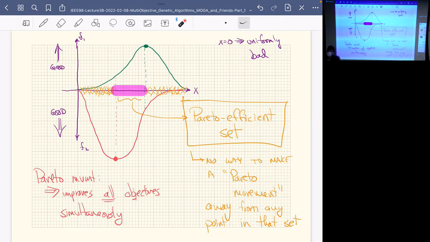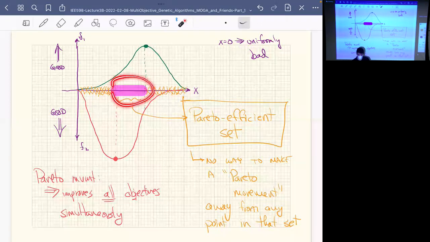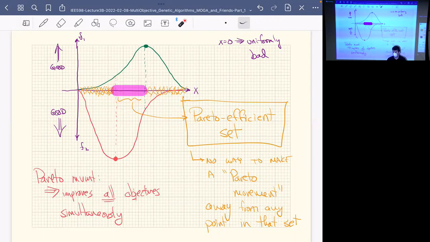In the worst case scenario, you'll get a singleton Pareto efficient set, where there are so many optimization objectives that there's no way to make them all better for everybody. So it always exists, but we want to see what the degree of freedom of this Pareto efficient set is. Do we have any room to move? Okay. All right, let me make sure there are no questions online.